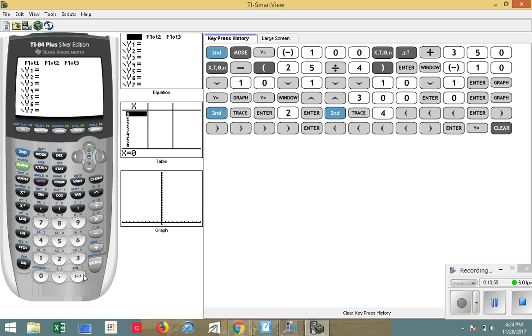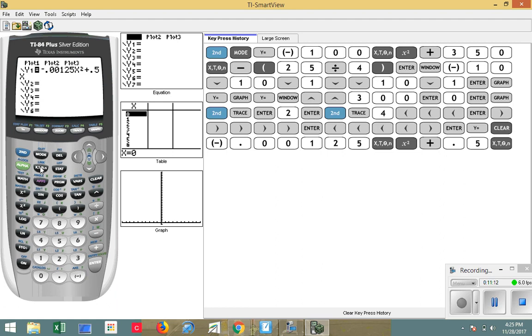So we have negative 0.00125 x squared plus 0.5 x plus 200.